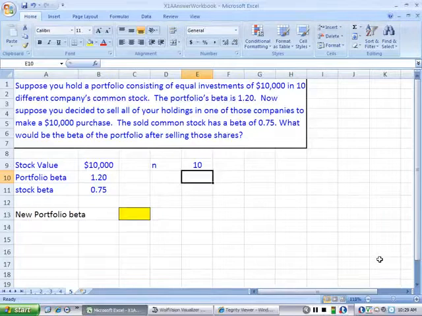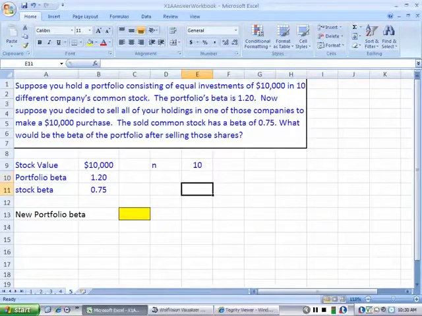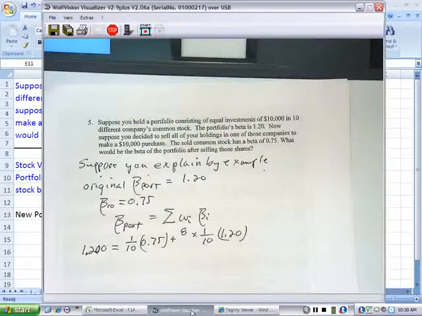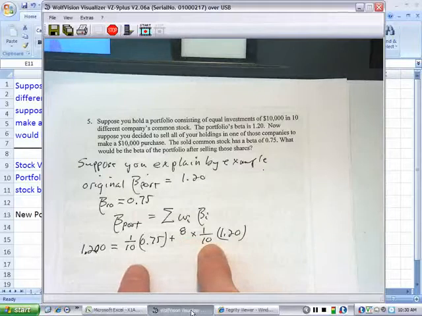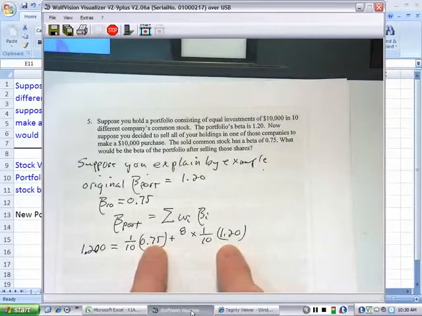Well, let's suppose that only one of them is different from 1.20. So again, let's suppose we have 8 of those items have a weight of 1/10 and a beta of 1.20. In order for this whole thing to equal 1.20, we've got one item with a weight of 1/10 with a beta of 0.75. We've got 8 items with the weight of 1/10 with a beta of 1.20.